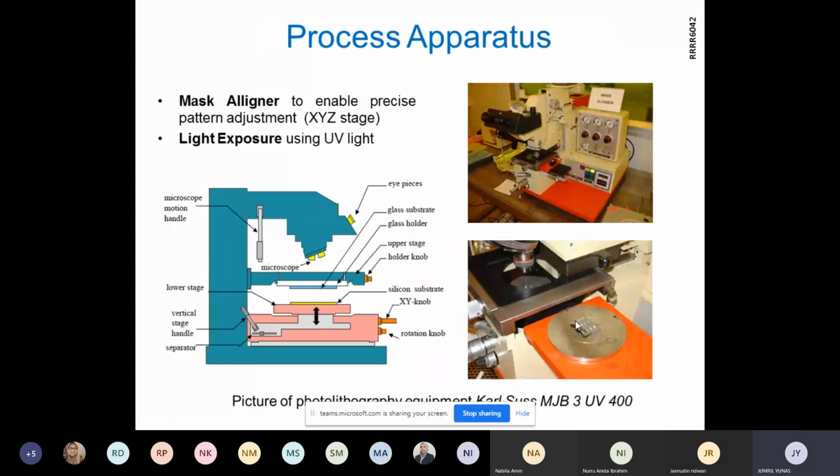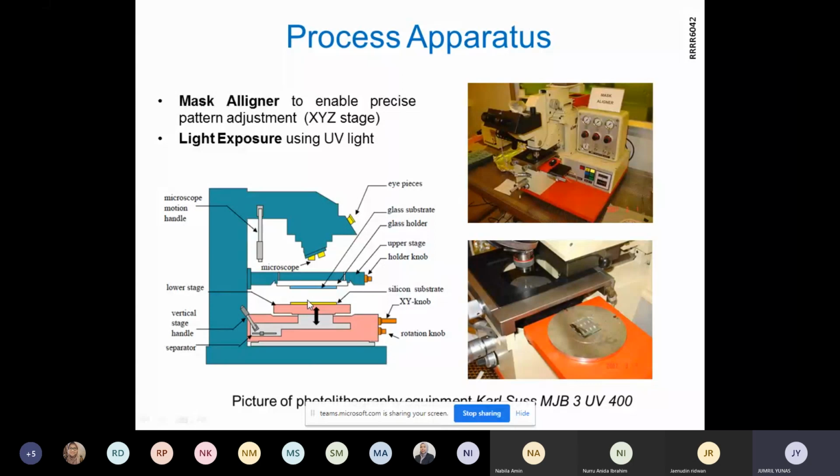To create the micro-size pattern or to transfer the pattern, we use photolithography equipment. So this is the schematic of our photolithography instrumentation. It consists of a mask aligner.